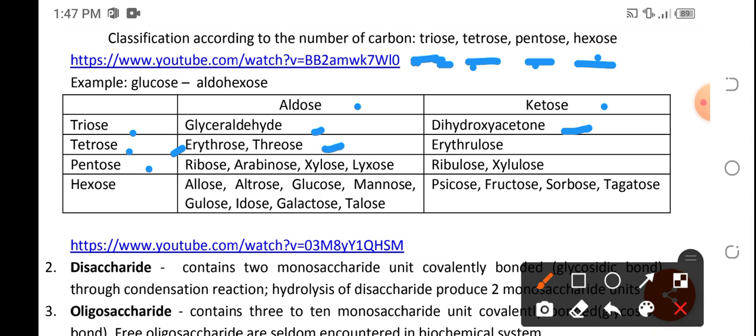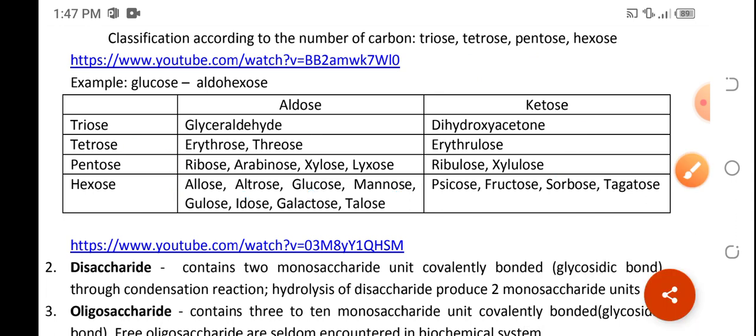For pentoses, we have ribose, arabinose, xylose, lyxose. Then you have ribulose and xylulose. Hexoses, so madami. Okay, so andito na si fructose, yan yung fruit sugar. Okay, so we have allose, altrose, glucose, mannose, gulose, idose, galactose, talose, psicose, sorbose, and tagatose.